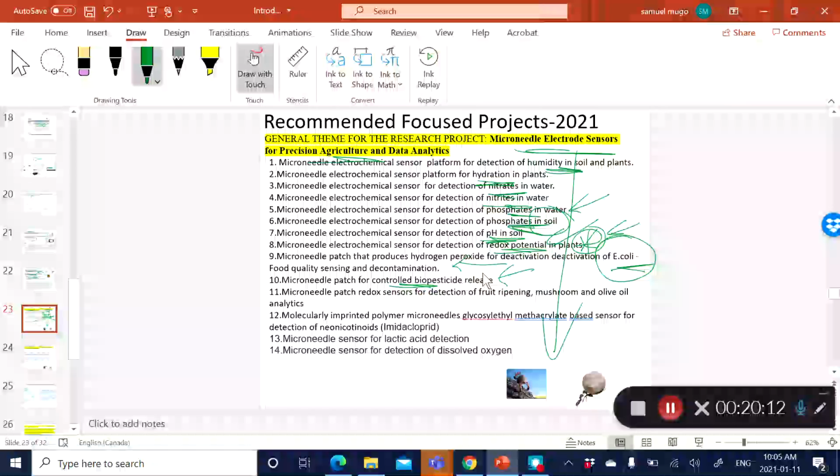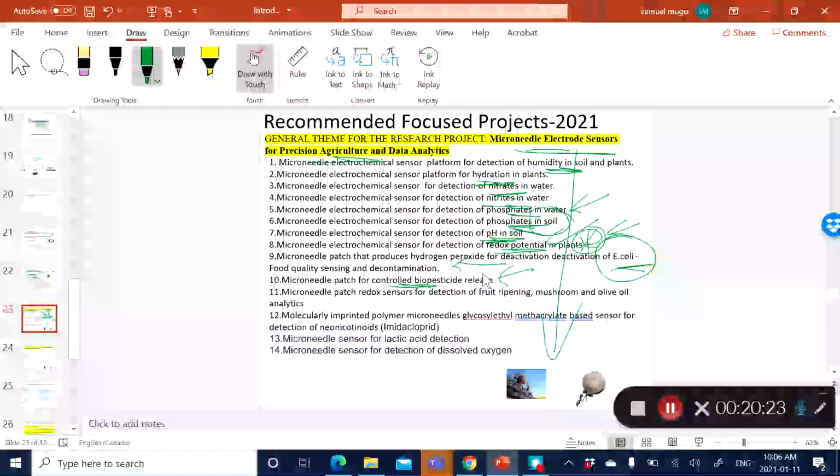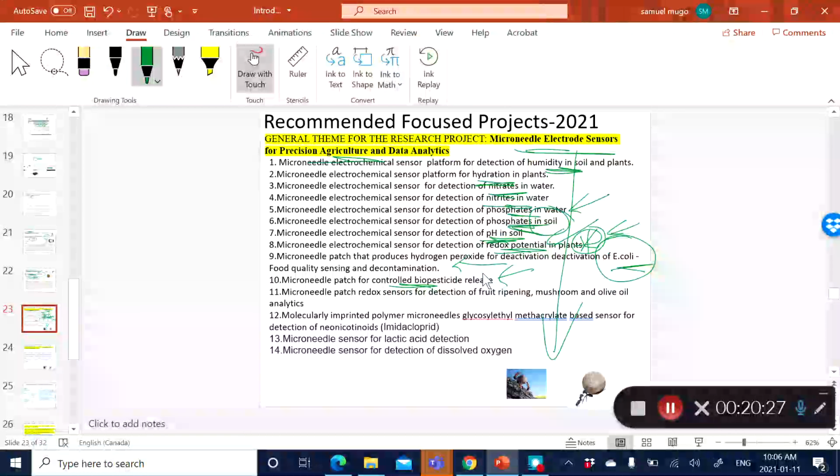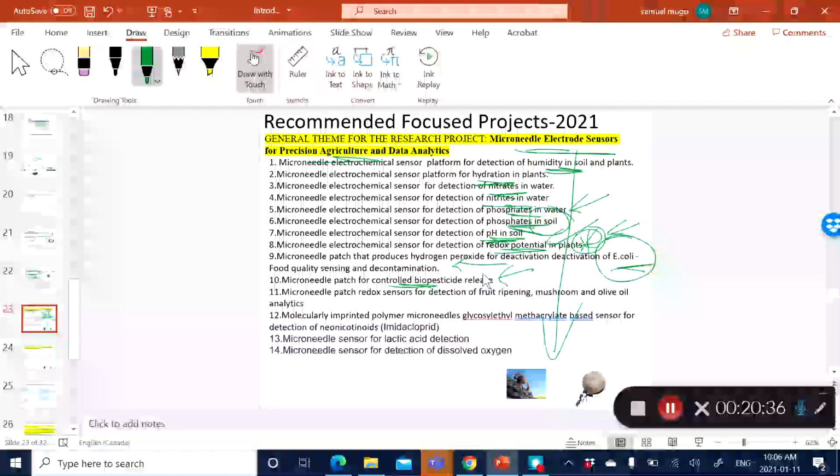Maybe another person can work on making a platform that can release a pesticide, but only on demand. I think we know these days people spray pesticides everywhere, and it's a very unfortunate way of doing it, not only in terms of cost, but also because of the non-target effect of that pesticide. The bees get affected, the other insects that are very useful in the ecosystem get affected, and that's a problem.